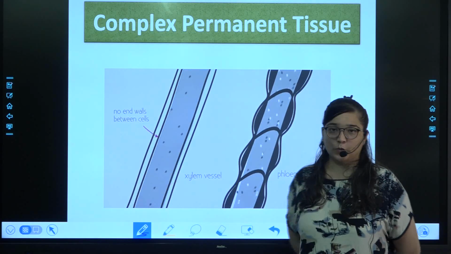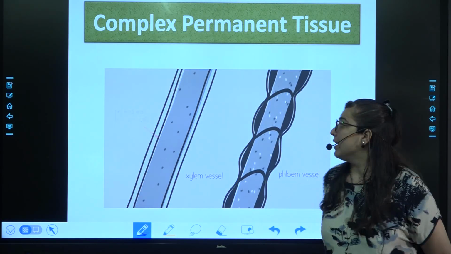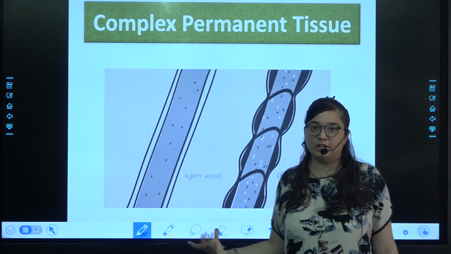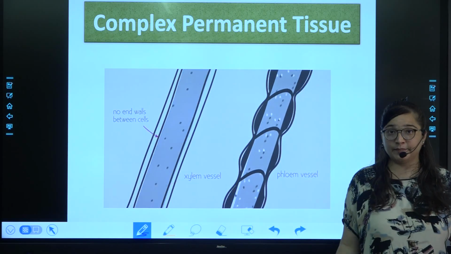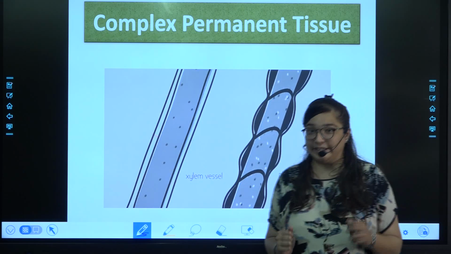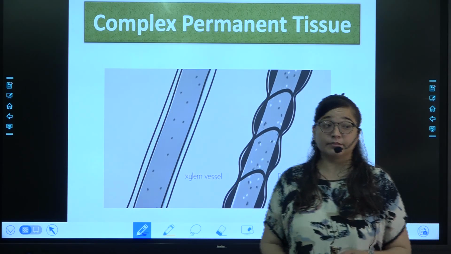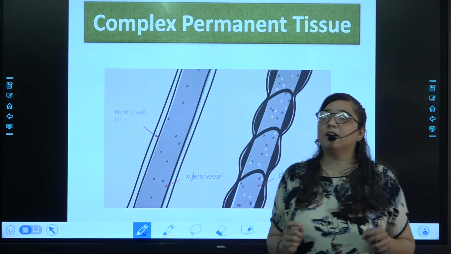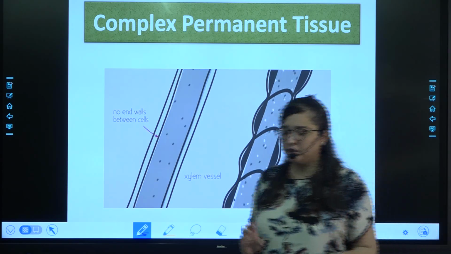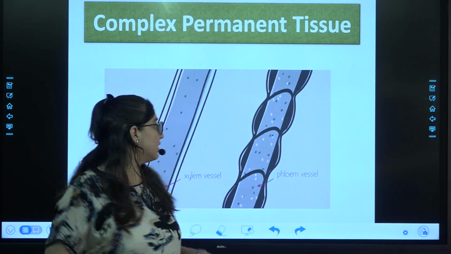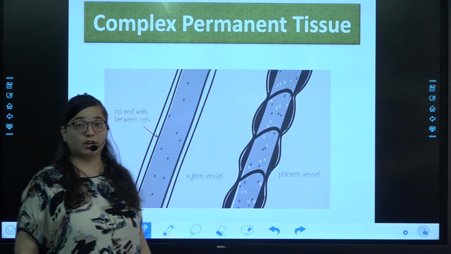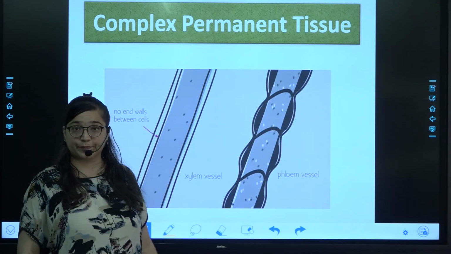Before I teach you about xylem and phloem, by looking at this particular part which is displayed on your screen, you have to tell me how is the flow of water or minerals, whatever it is, unidirectional or bidirectional in this particular xylem and phloem.